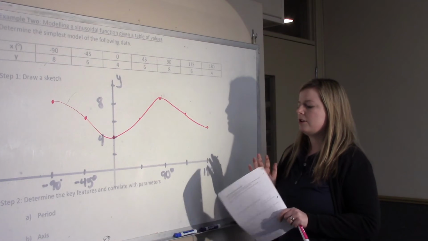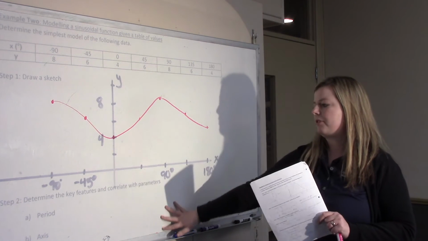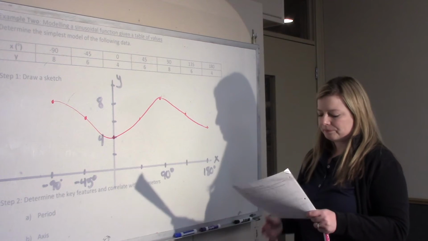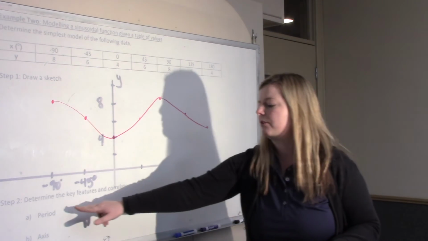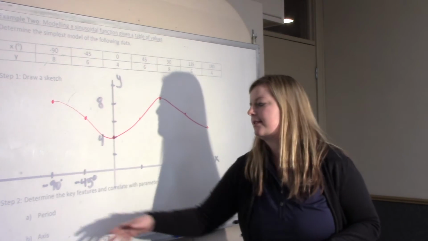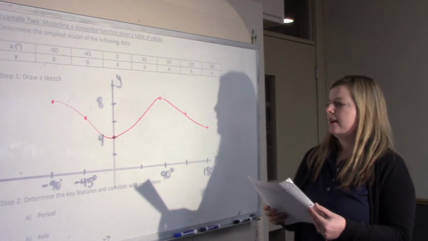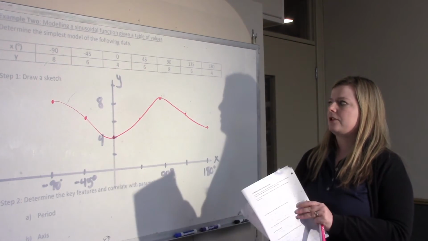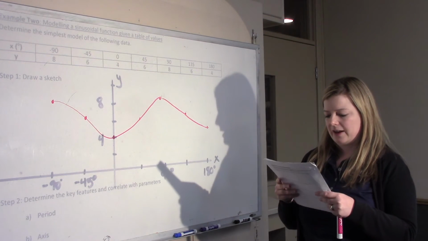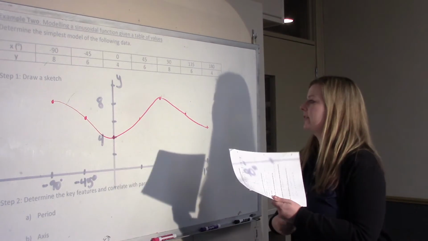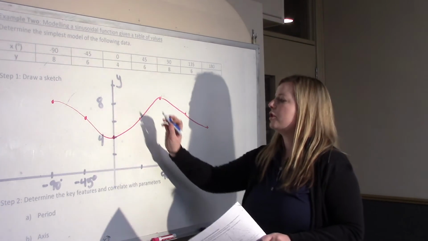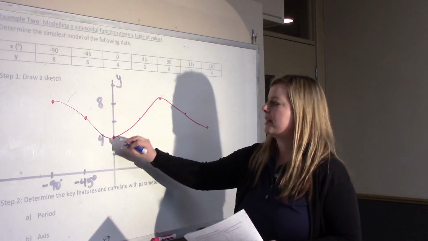So now we want to determine the key features and correlate with the parameters. So I'm going to do this writing up here, but you're supposed to be filling out like period here, axis here, etc. But I want you to be able to actually see the graph as I do this. So the period is just the length of one cycle. So you can go from maximum to maximum, minimum to minimum.